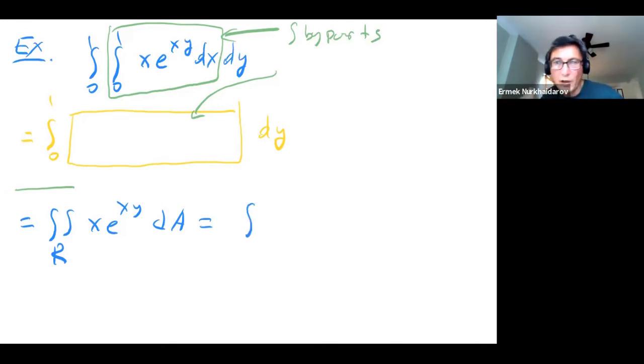So we have one with dx dy, so we'll try to switch and write down dy dx. We'll keep our function, and what we did is flip the order of integration. Instead of going dx dy, we're going dy dx.